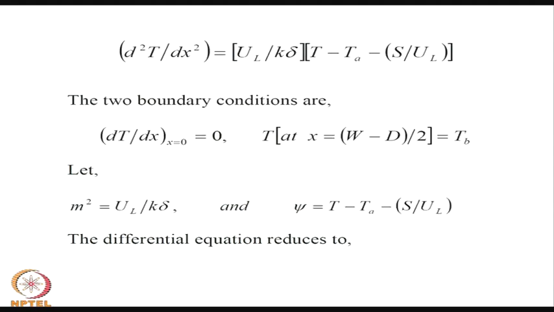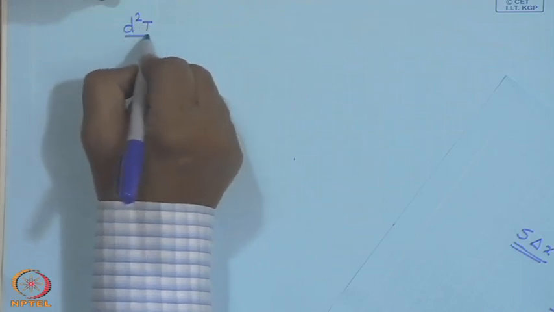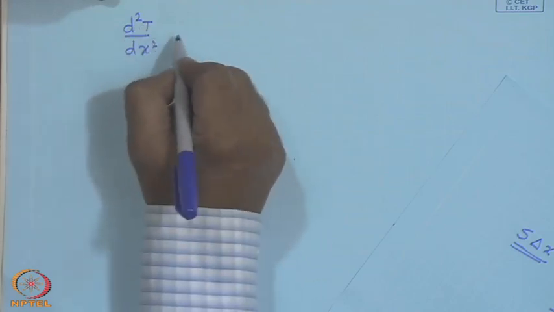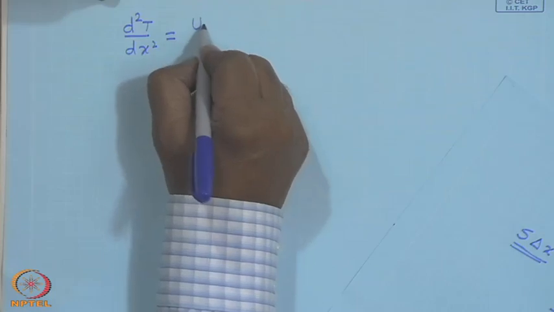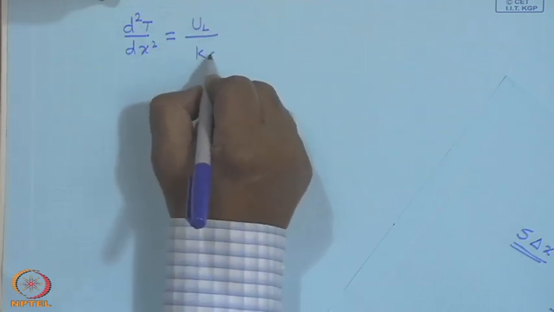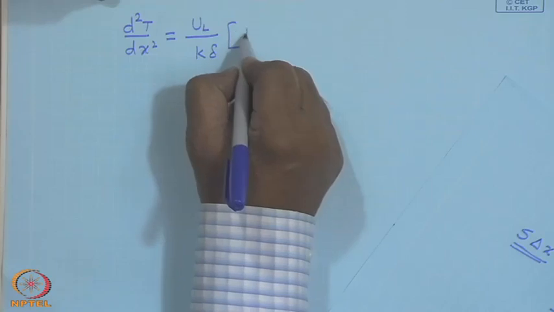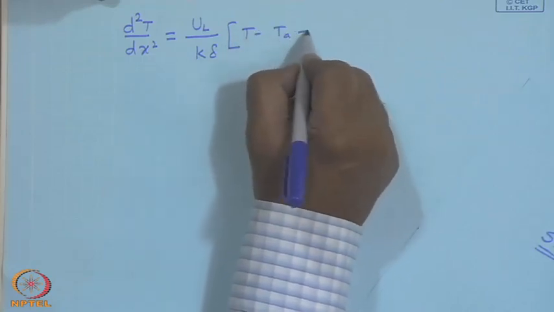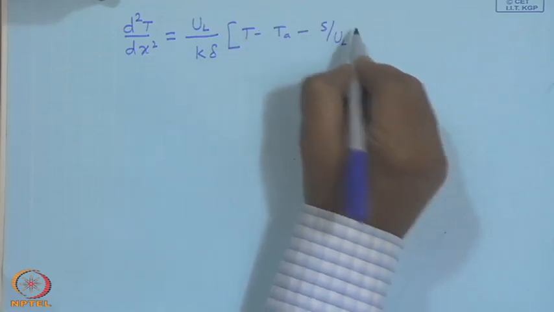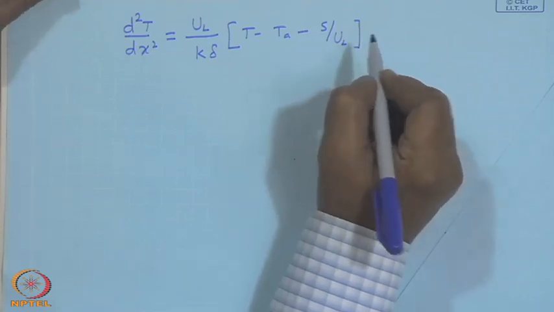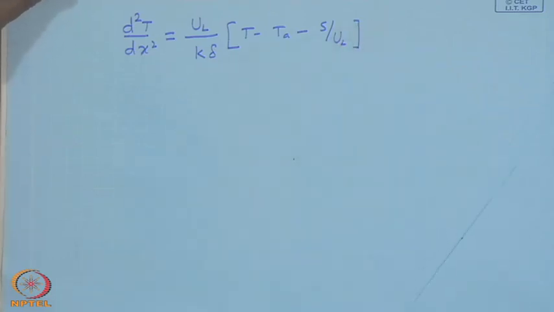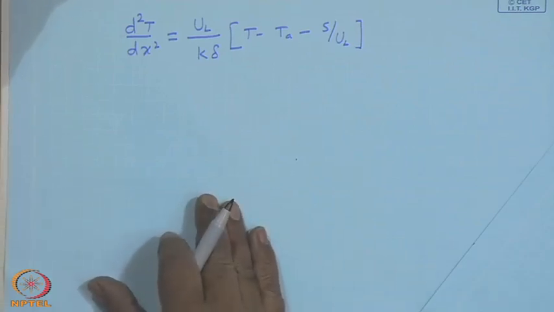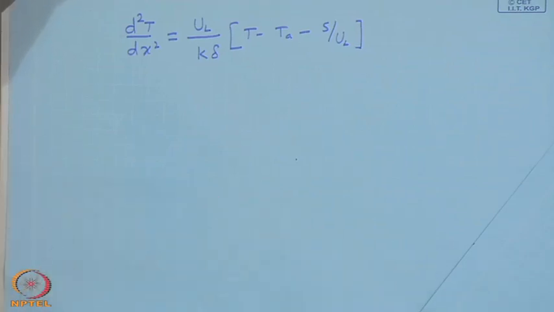So, if you plug in these values, you will get the equation, so this second derivative comes from that d/dx of minus k delta dT/dx.